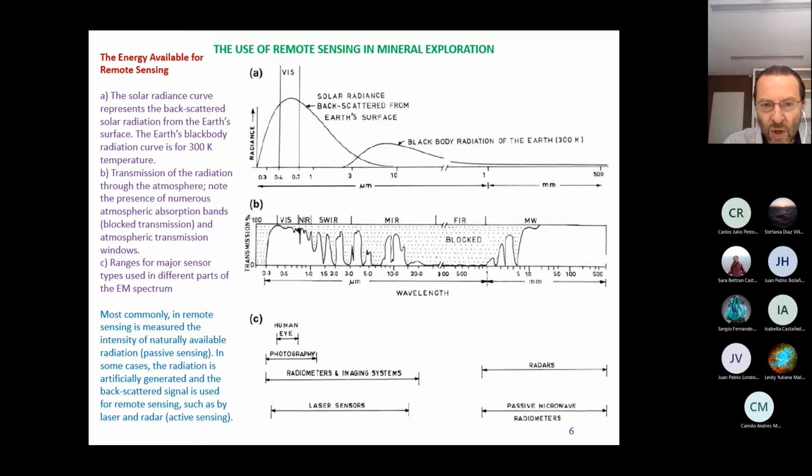The human eye is actually a remote sensing sensor, and you see the transmission is pretty good in the visible. So, of course, we extended our sensors, first with photography, and then with better and better sensors. All right, this is just a refresher of something that for sure you've seen before.